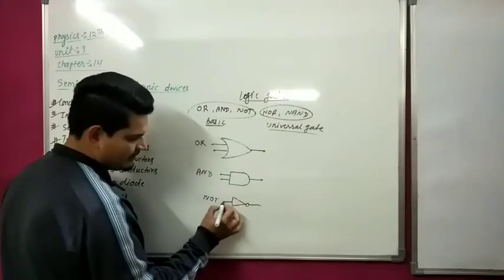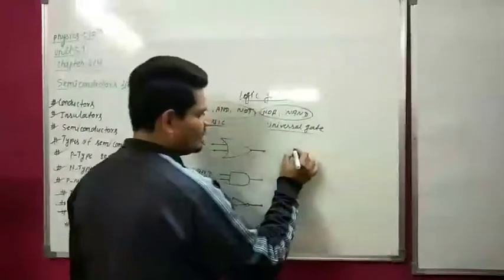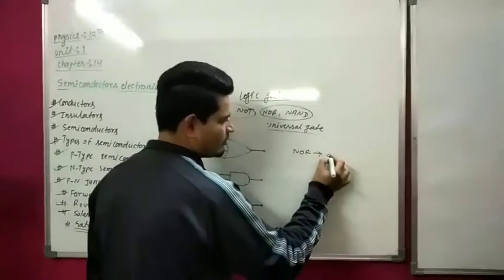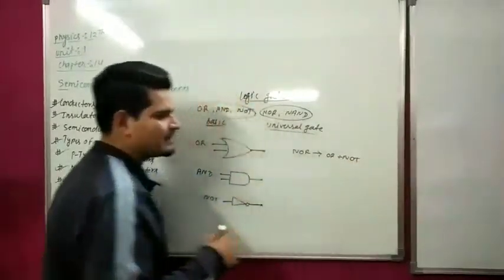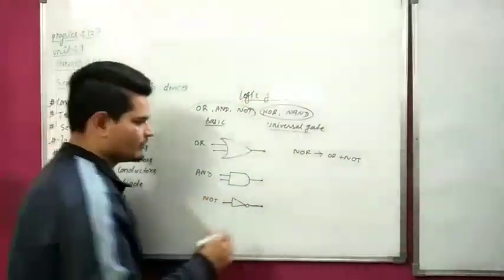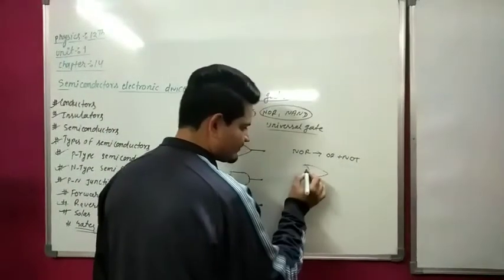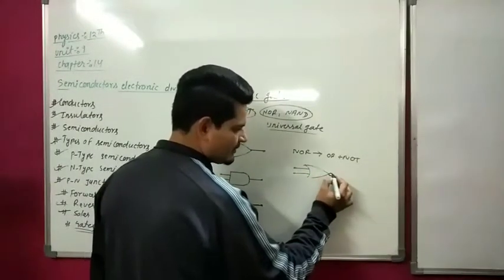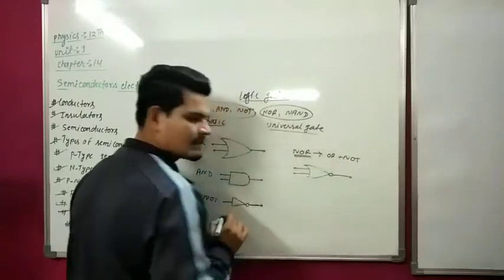Here is only 1 input and 1 output. And the NOR gate consists of an OR gate plus a NOT gate. So OR plus NOT is called NOR. So this is our OR gate with 2 inputs, and this is our NOT gate. So this is called our NOR gate.